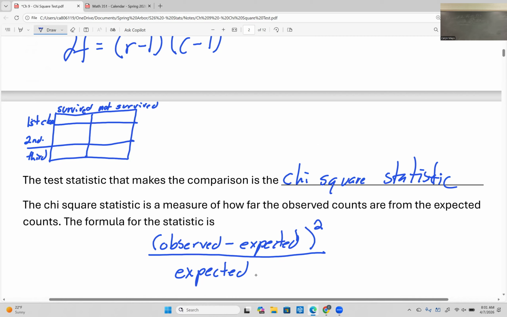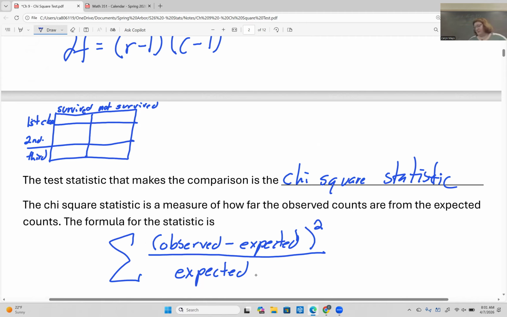The chi-square statistic is doing this calculation for every single cell and adding them up together. So one last thing is we're going to add them all together for every cell.